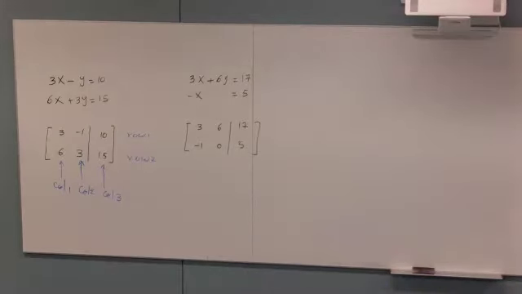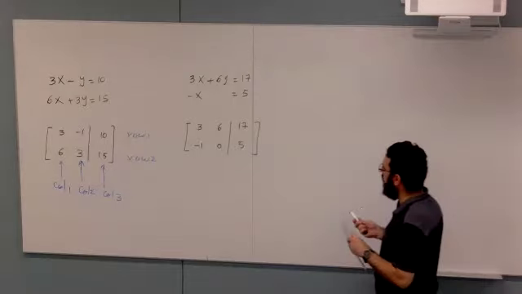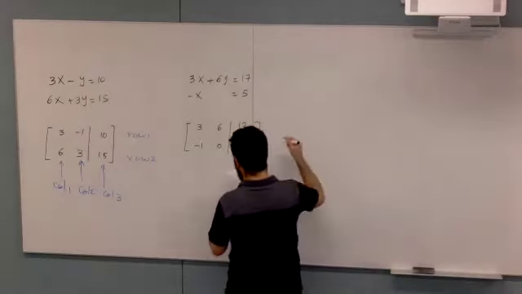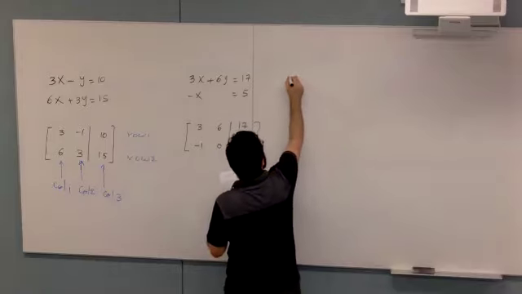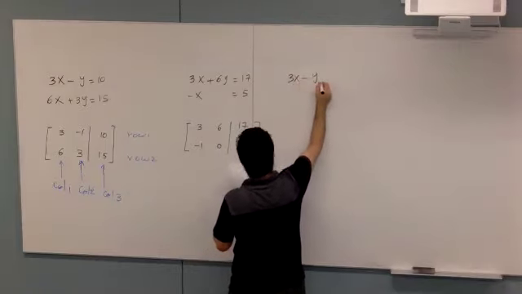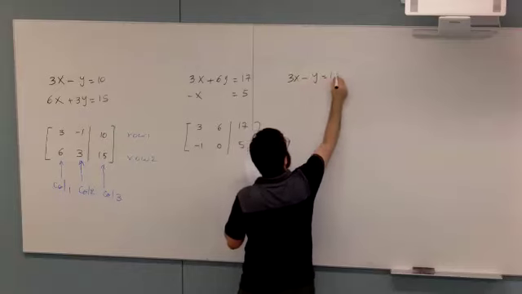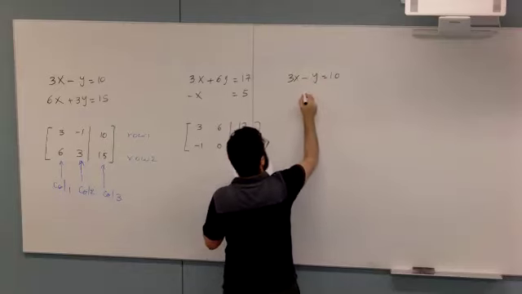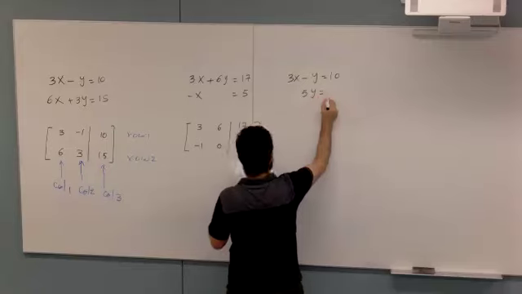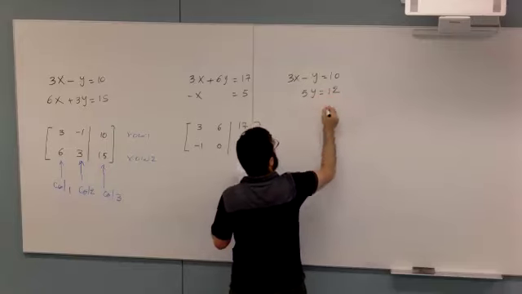Let's check which type of examples we have here. Like number 1, what are they giving you, number 1? We have 3x minus y equals 10, and we have 5y equals 12.